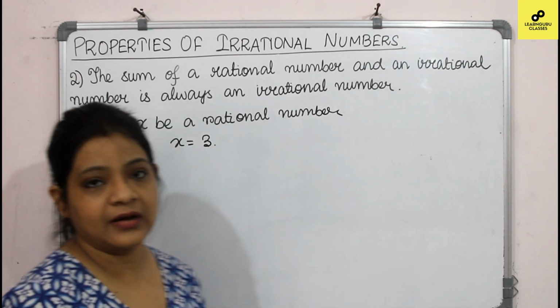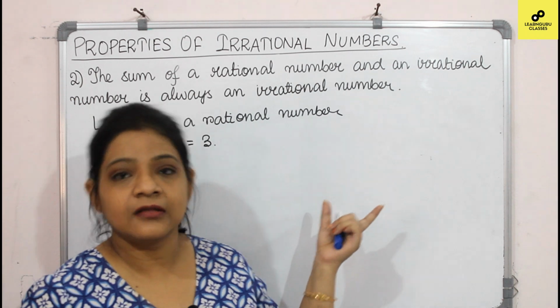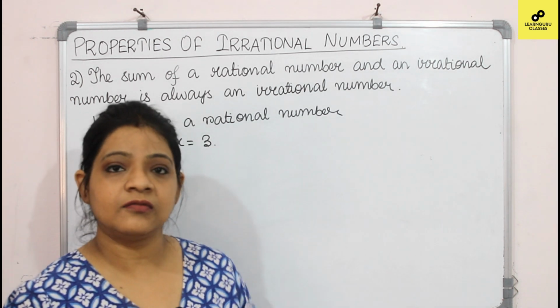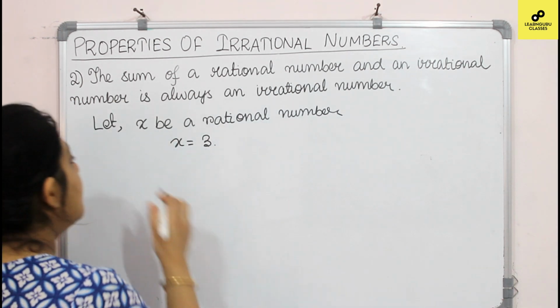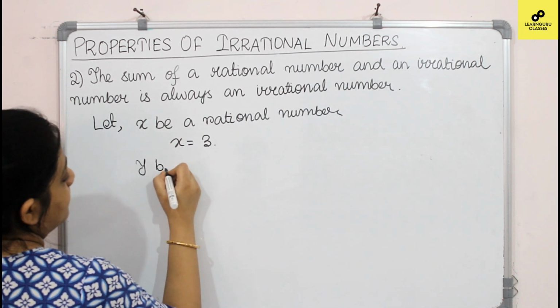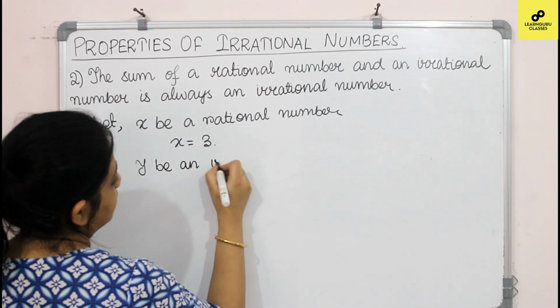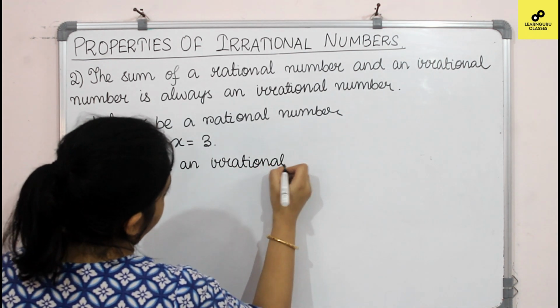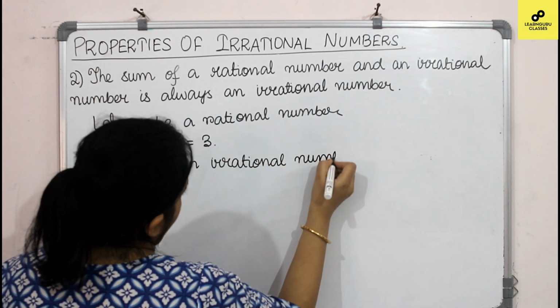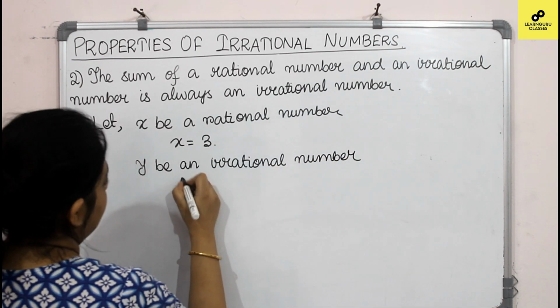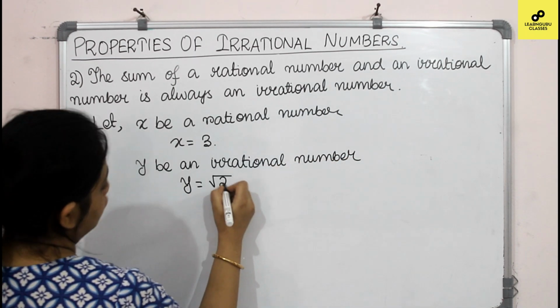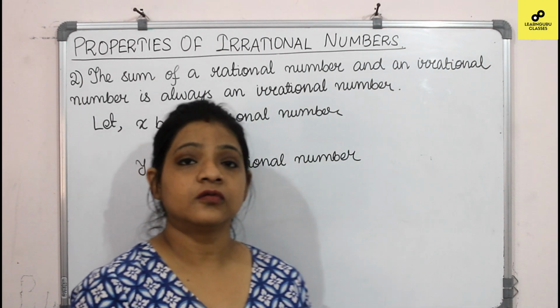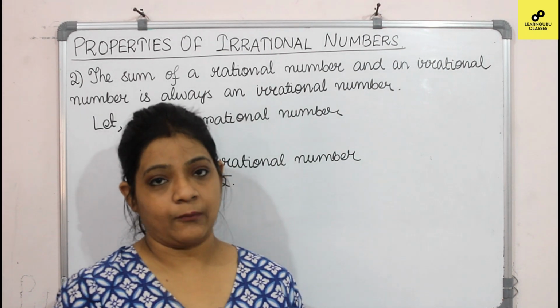So 3 is a rational number, right? 3 can be expressed in the form of p by q. Now let y be an irrational number. So y is taken as y equal to root 2. Root 2 is also an irrational number.